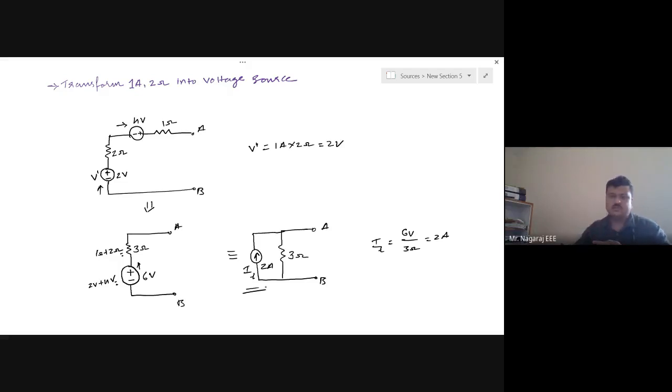Now we will see one more example on the source transformation, which is having one more special case in it.